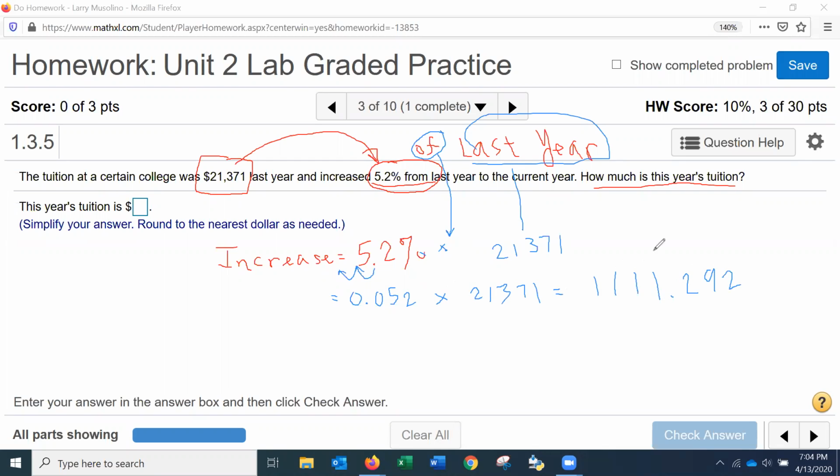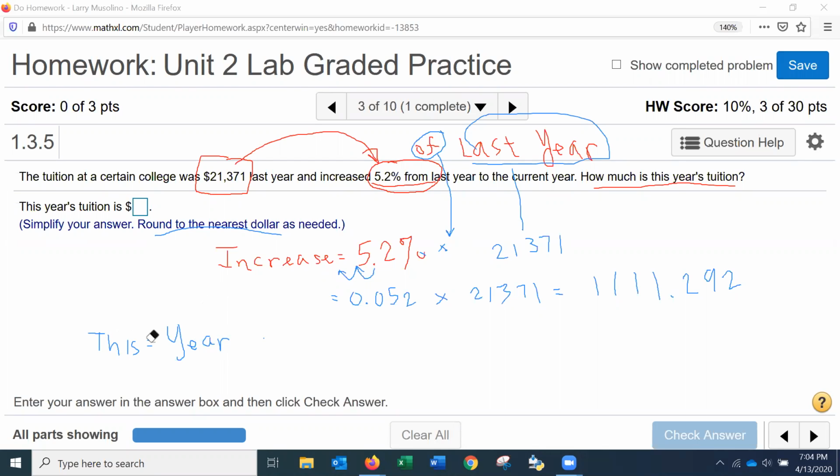Now, I know in the end I'm going to round because it says round to the nearest dollar. But I'm going to do that rounding at the very end. All right, now what we just found was the increase. But I need to know how much is this year's tuition. So I want to know this year's tuition. Well, this year's tuition is going to be taking the old tuition.